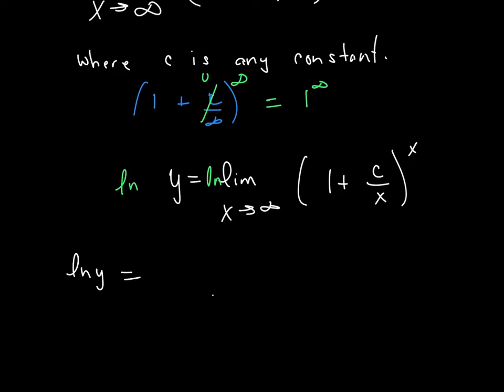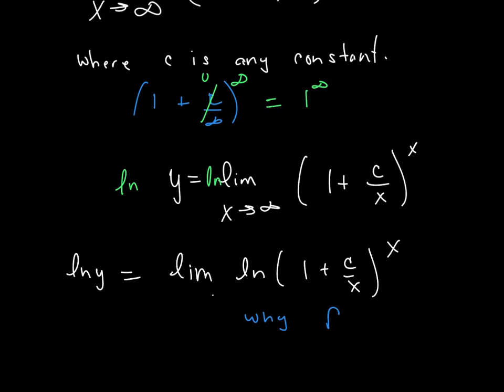Now, what we're going to do with this other part is take the limit and move it to the outside, and move the natural log on the inside of 1 plus c over x. Now, why can we go ahead and do that?